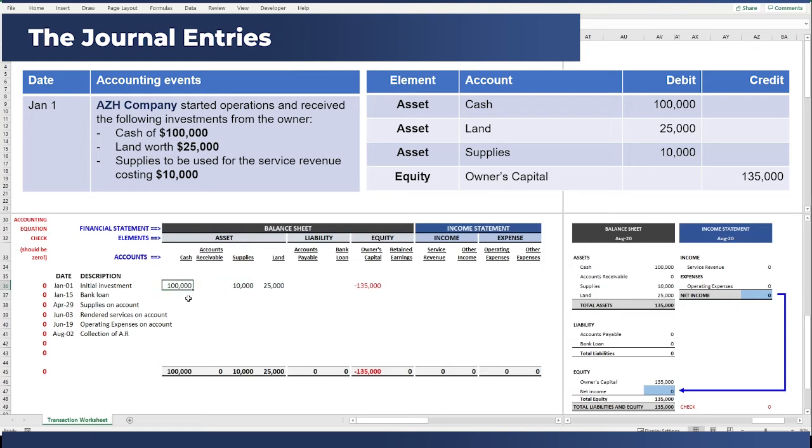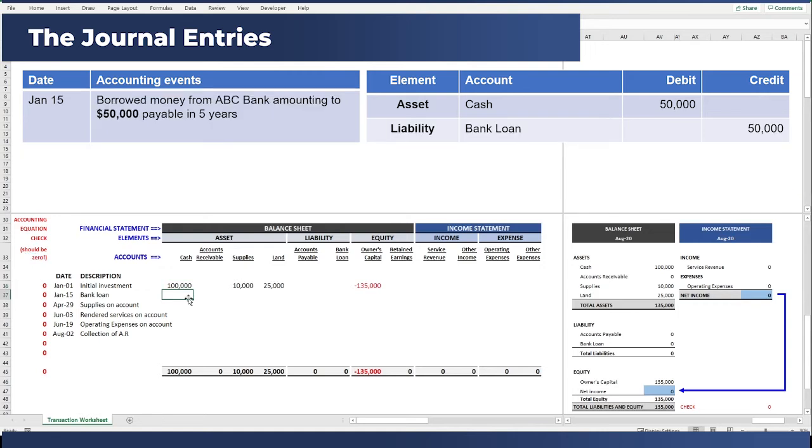So we know that this entry is correct because our check is zero, because when you add all of the transactions, your debits are all equal to your credits. Now we're done with transaction 1.